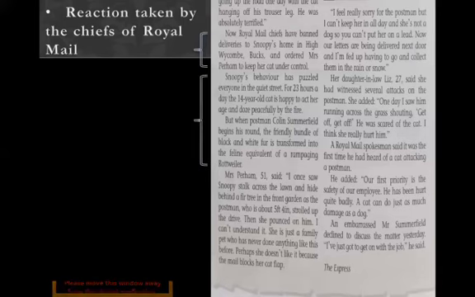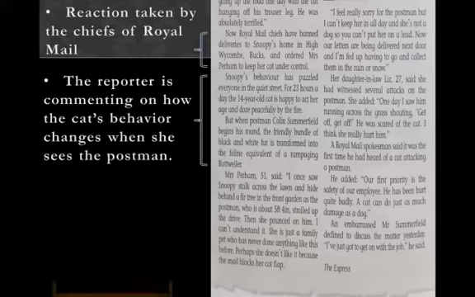Okay, and in these two paragraphs the reporter is commenting on how the cat's behavior changes when she sees the postman. You have a cat spending most of her day sleeping and being quiet and calm and friendly, cute, but it changes in a second when she sees the postman every morning. She turned into a wild, dangerous kind of dog. Yes.